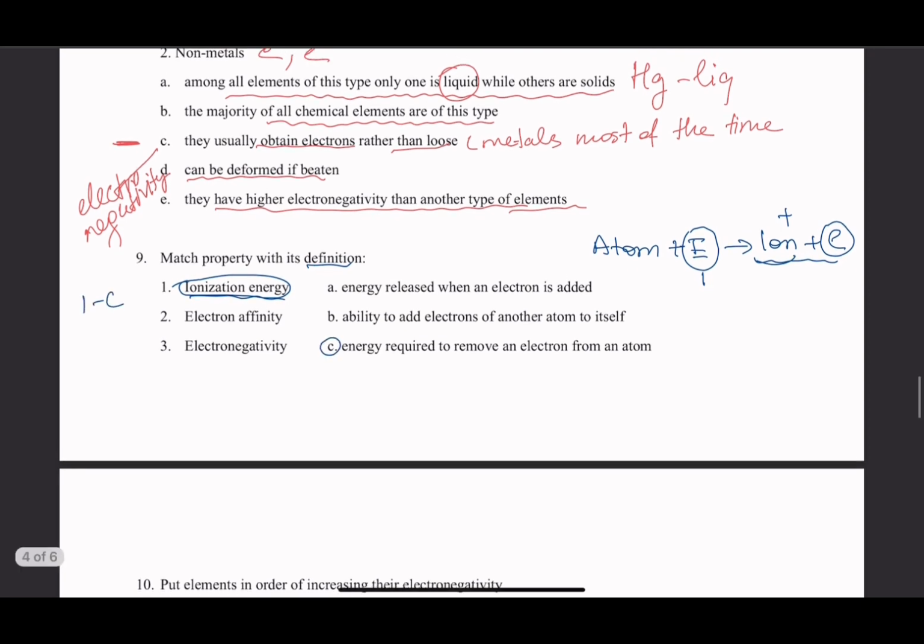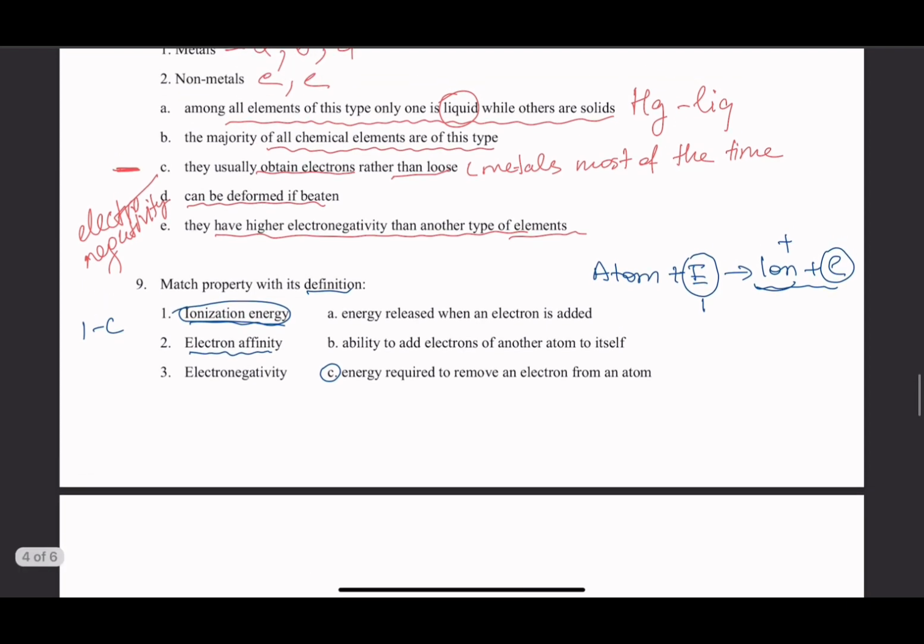And then electron affinity, now the other way around. When you add an electron on top of an atom, it becomes a negatively charged ion, because an electron is negative.